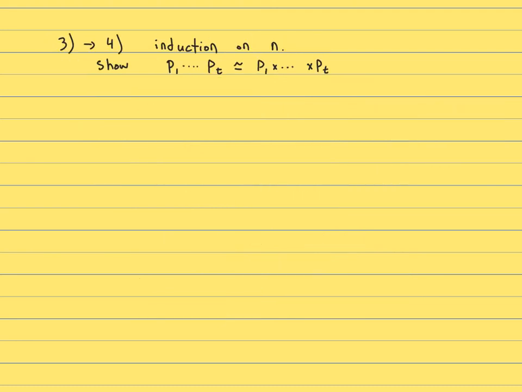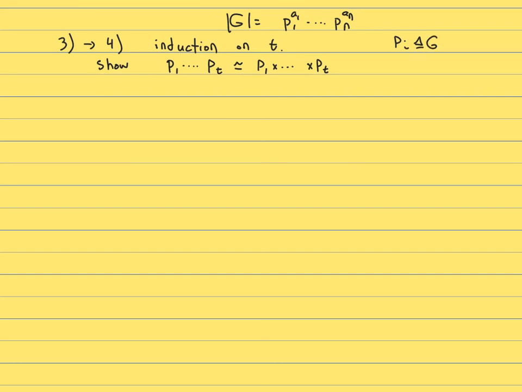Now we show 3 implies 4. This is sort of an induction type of thing, so induction on t. So remember G factors as a product of prime powers, and the Pi are the Sylow subgroups, and the assumption is that each of the Pi is normal in G for all i.